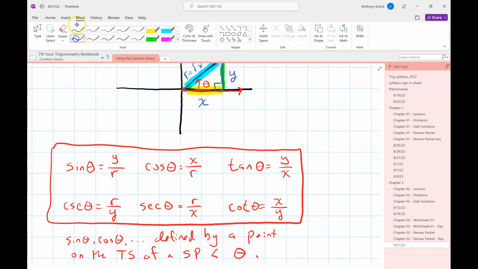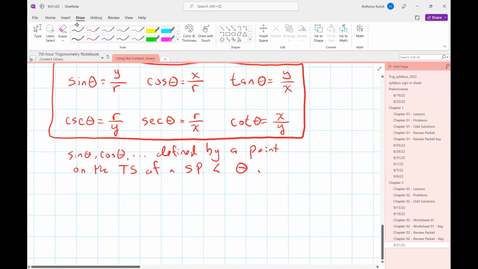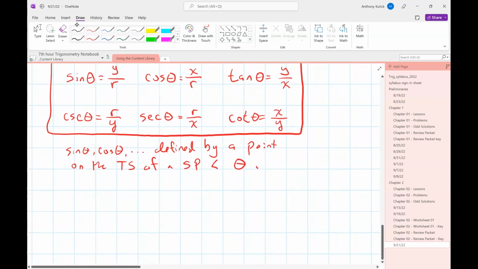We have just broken the shackles of geometry. We're no longer restricted to using sine, cosine, tangent, etc. on acute angles from a right triangle. We can now use those functions on angles of any size. That's exciting, guys. Let's do a couple of examples to kind of illustrate how exciting that is.